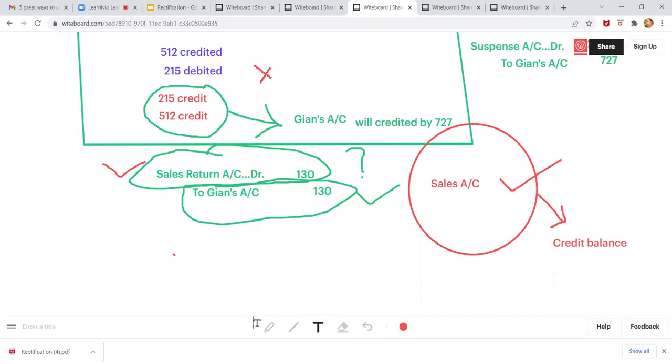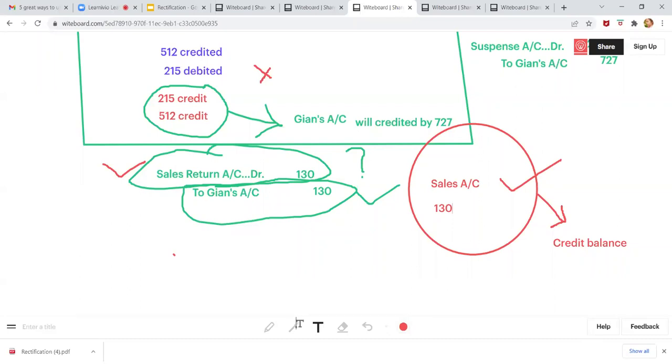How will we rectify? Under sales account, there is a mistake of rupees 130, and in sales return account, there is a mistake of 130 rupees, with the same amount.